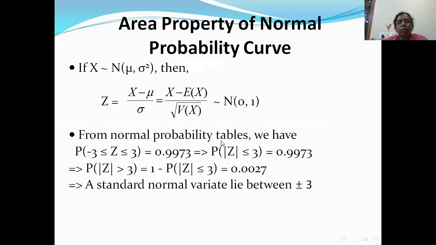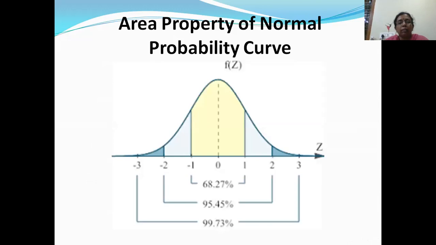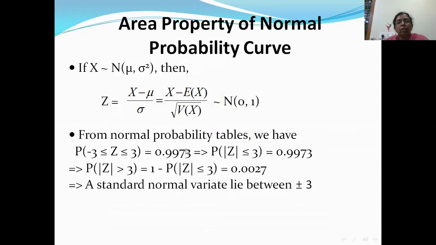Now from normal probability tables, we have the probability of -3 less than or equal to z, z less than or equal to 3 is equal to 0.9973. See here, this is 99.73%, that is 0.9973. So I can also write this as the probability of mod z less than or equal to 3 is 0.9973.